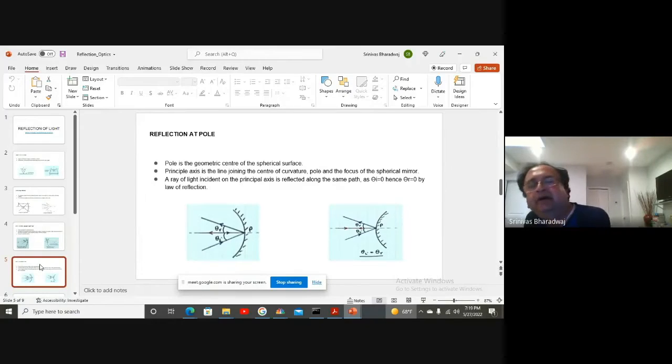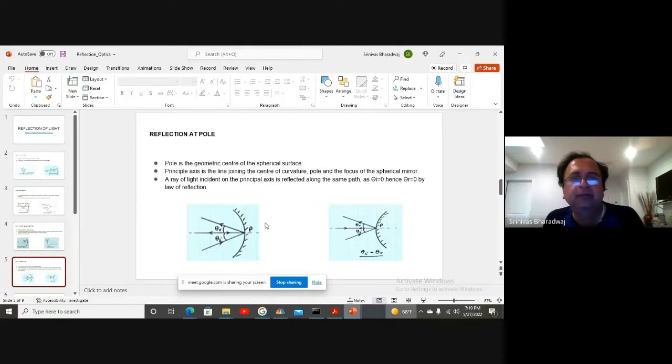Okay, so that's the convex mirror. Now the pole is the geometric center. So if you have a mirror like this, you have an arc, the center of the arc, point P there, is called the pole, right? And the line drawn through the pole, which hits the center of curvature, is called the principal axis. Okay, incident angle will equal reflected angle when a ray comes from anywhere and hits that point.